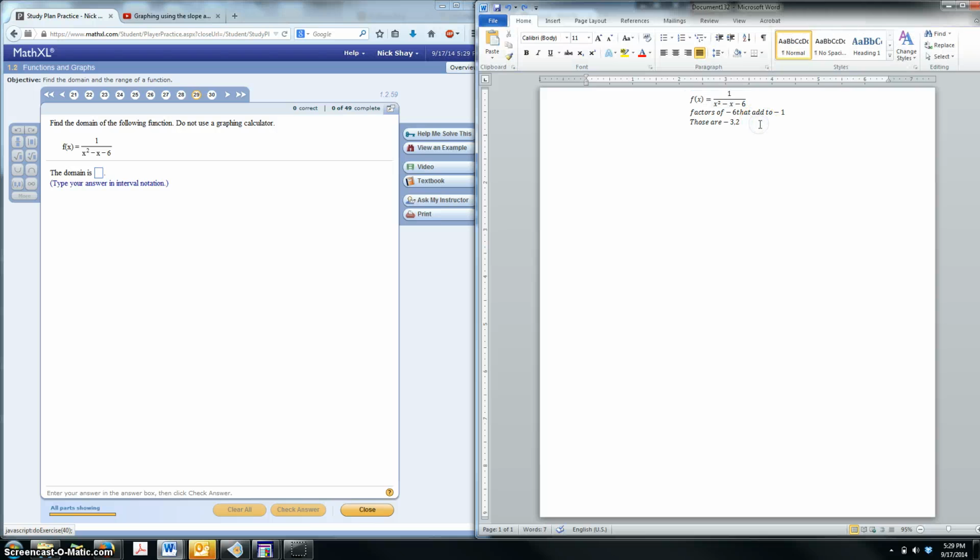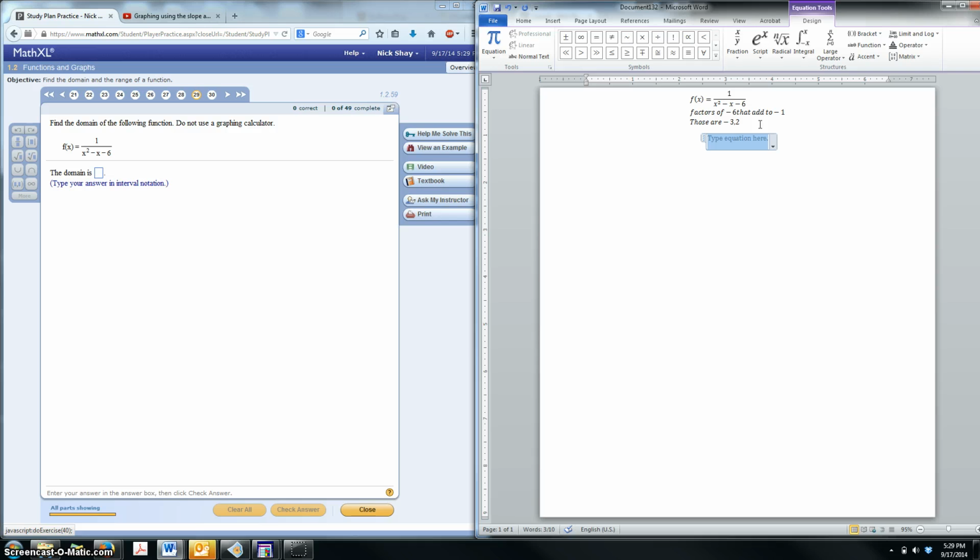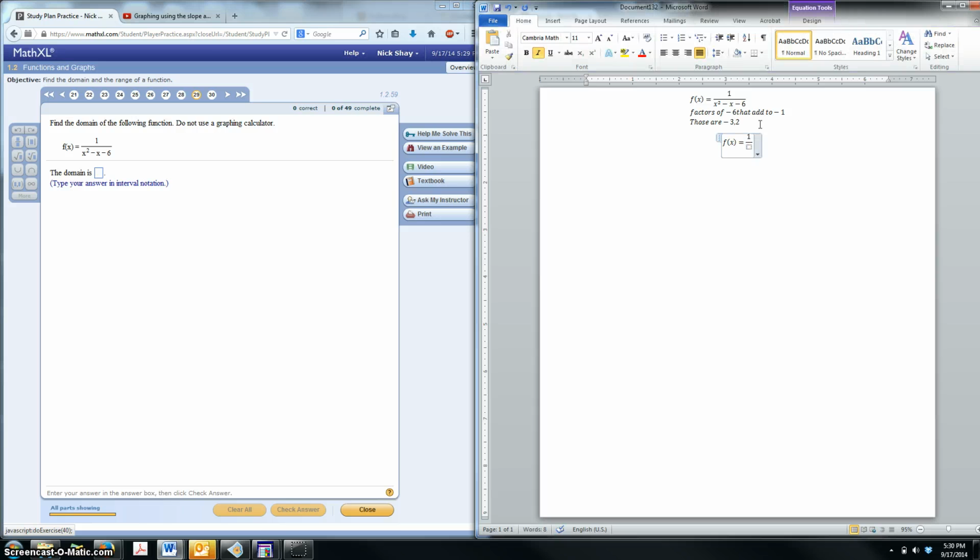So we can factor the bottom of this rational expression as x minus 3 and, since it's a positive 2, x plus 2.